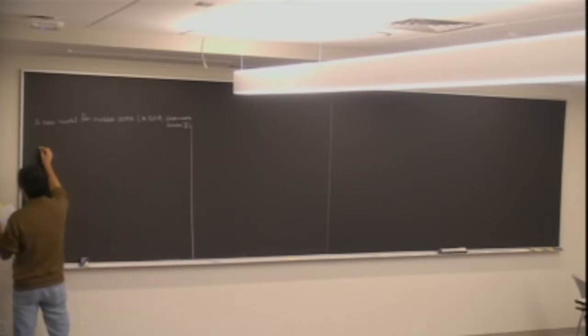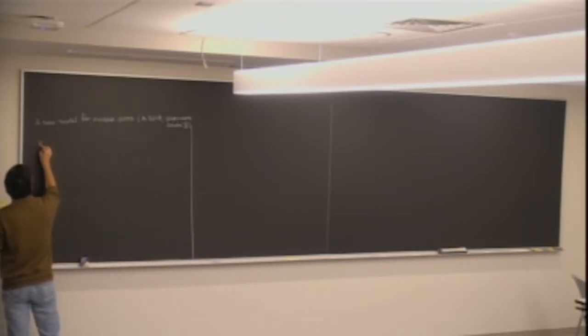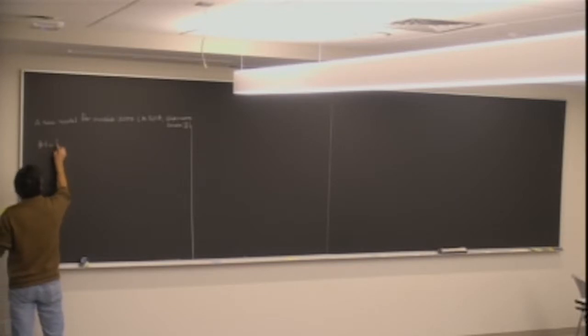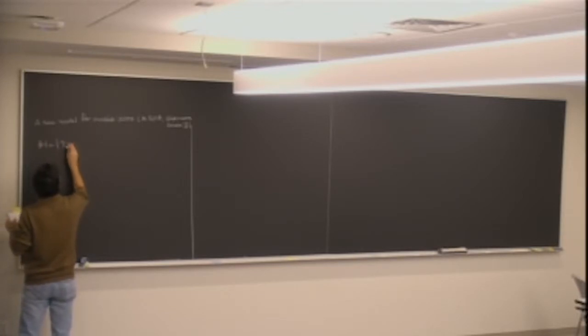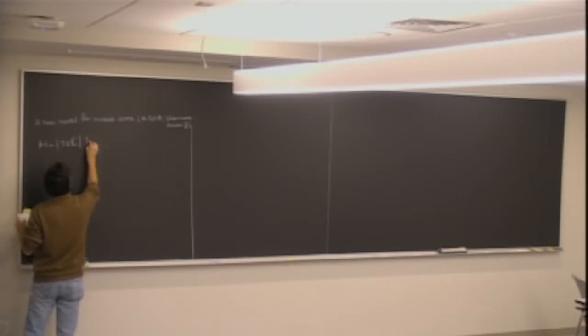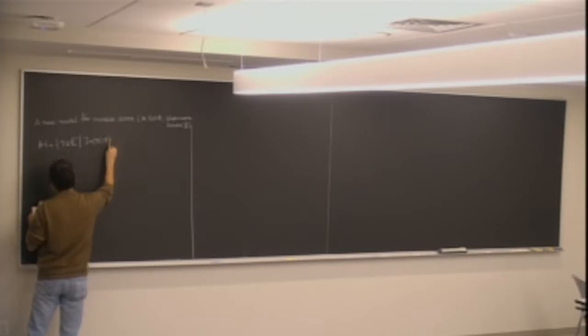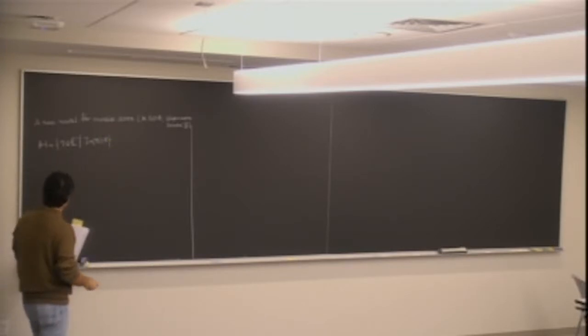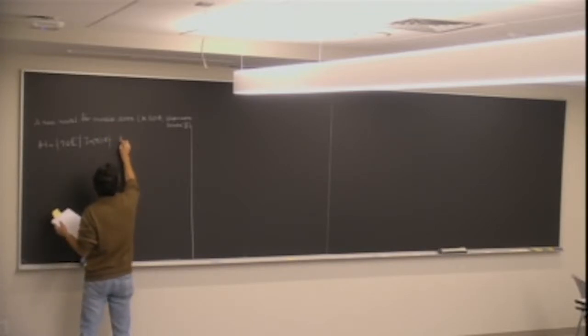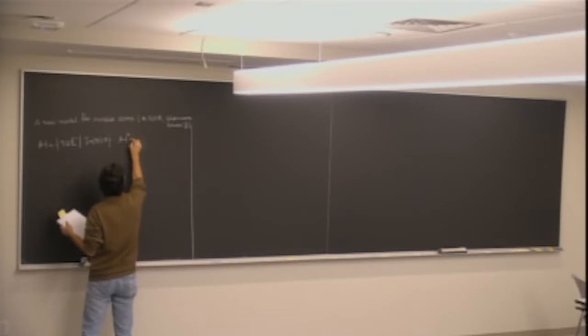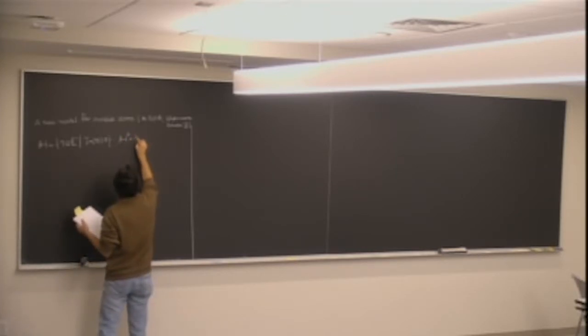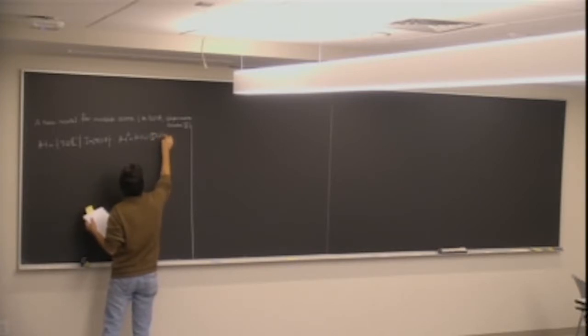Okay, so let's first introduce the upper half plane as usual. There is another useful notation, H star, which is H together with the rational numbers and also infinity.